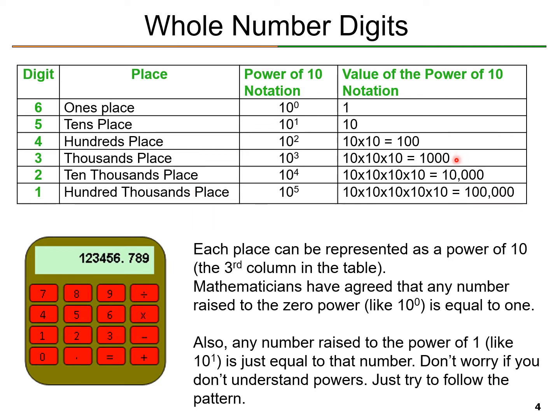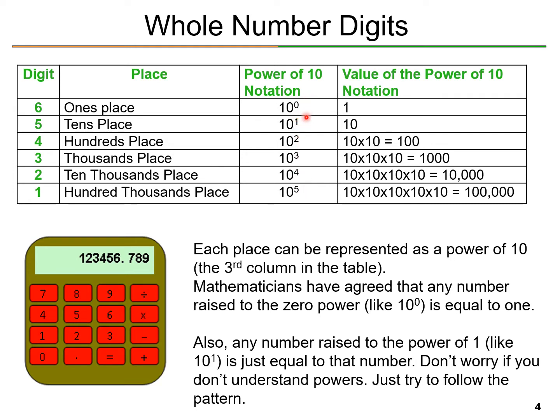Now let's relate the value of the different places to a power of 10 notation. So in this column here, we have a 10 written down for each place, for each position.